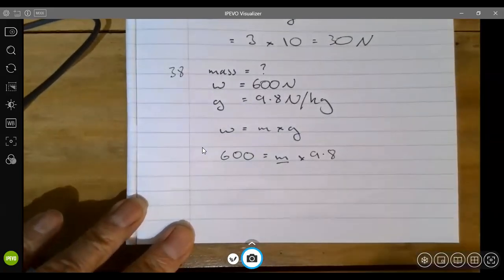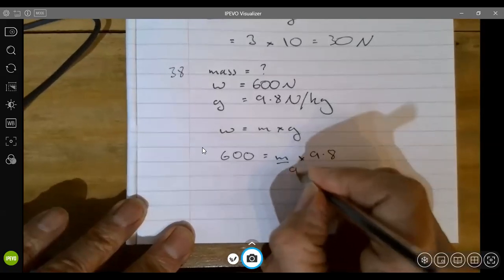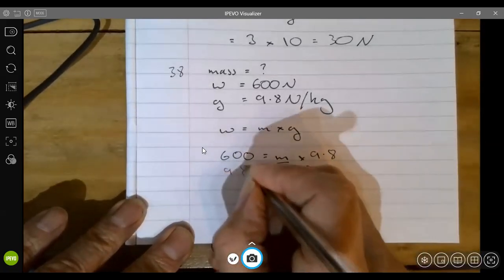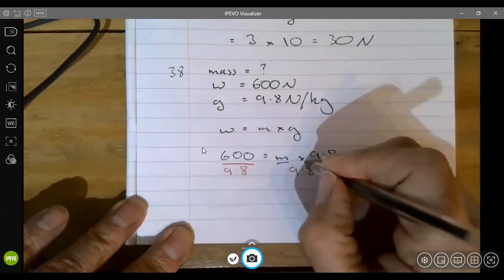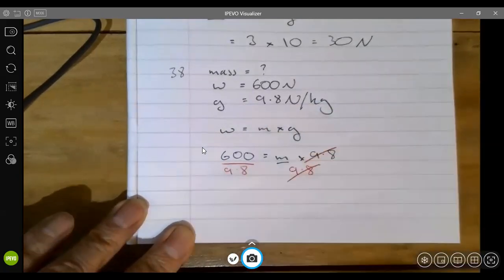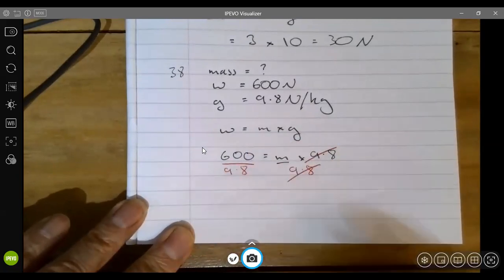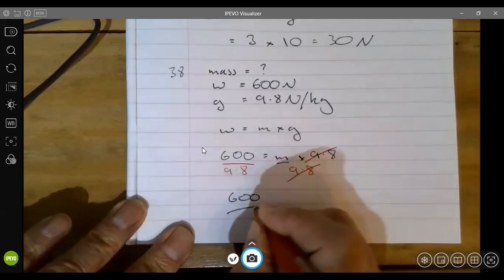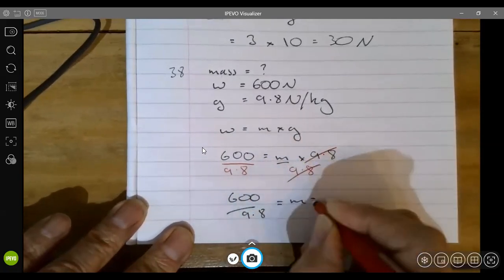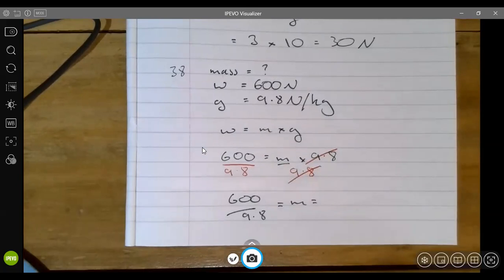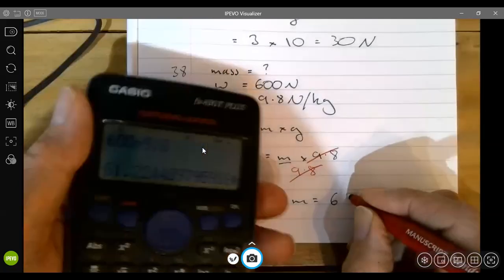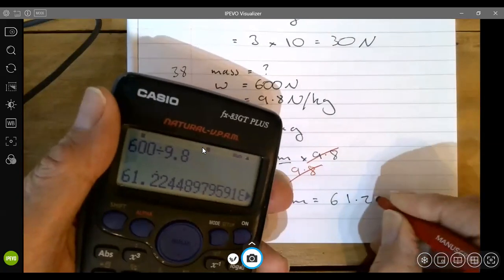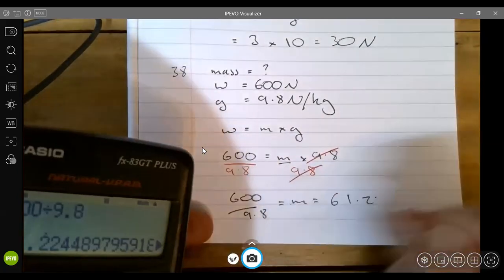If I divide both sides by 9.8, what will happen is 9.8 will cancel on that side, and I will be left with 600 divided by 9.8 is equal to mass. I'll just quickly do that with my calculator. 600 divided by 9.8 is equal to 61.224, so we'll just go 61.2. Now it's mass, so that's kilograms.